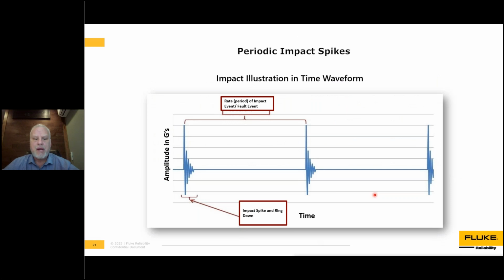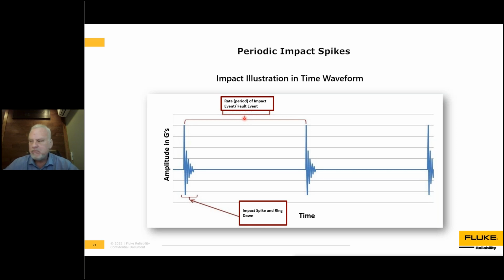Little bit more about what is important. I mentioned the 13.5 kilohertz ring down, spike and ring down. The 13.5 kilohertz really isn't important to us. We don't care what the ring down frequency is. What we do care about is the event, the period of that impact, because how often we see that impact can be meaningful to us. If it's random, it could be lack of lubrication.